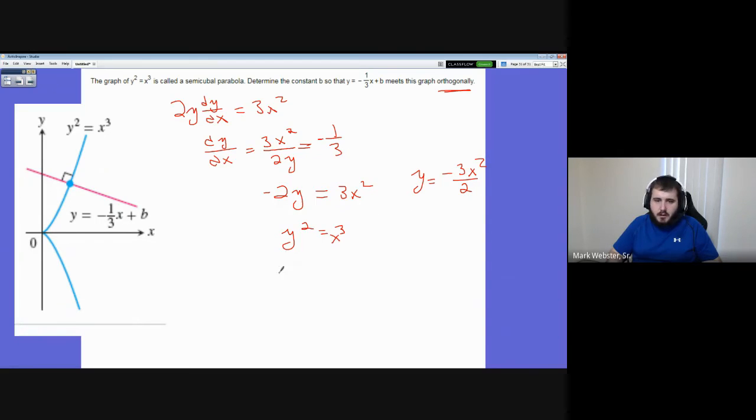So we've got, subtract that over. Can factor out x cubed.